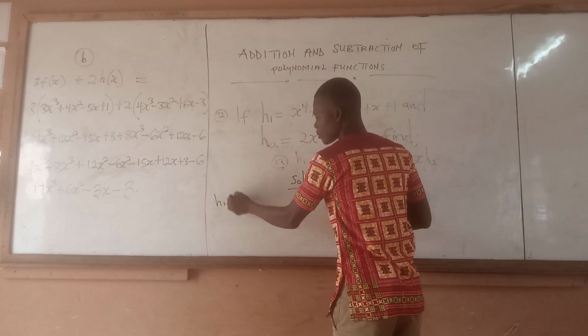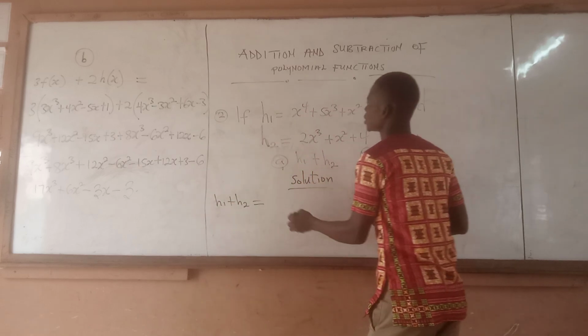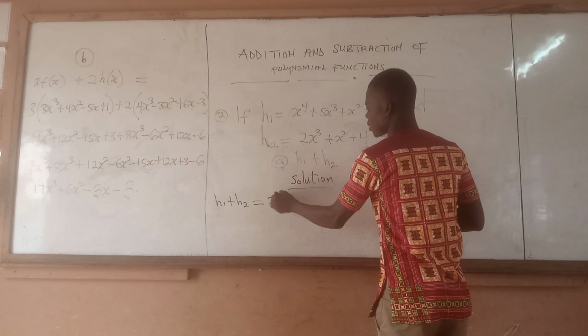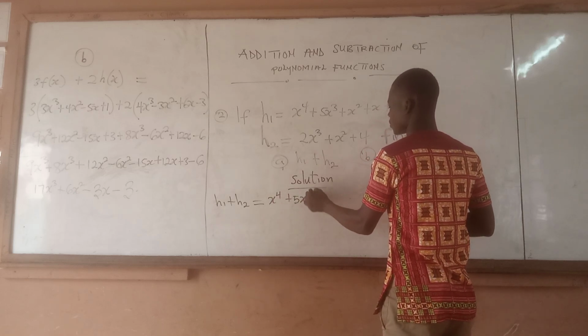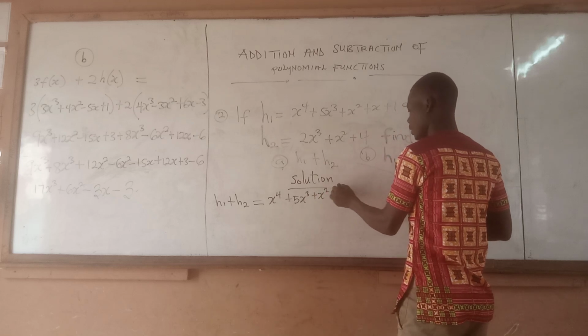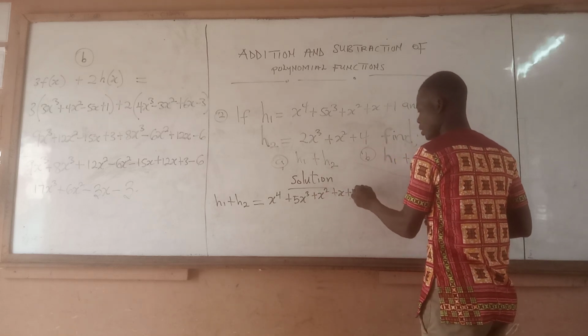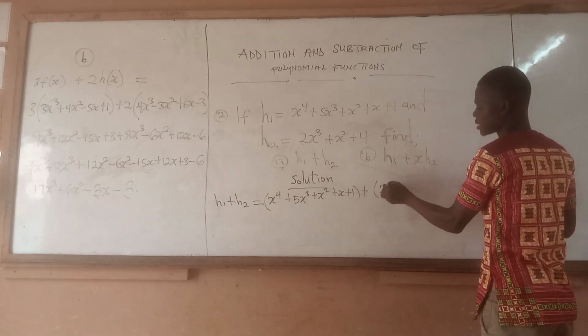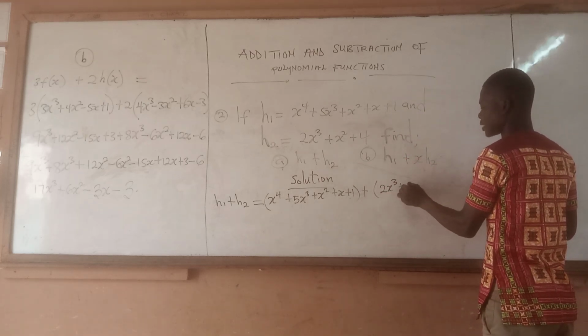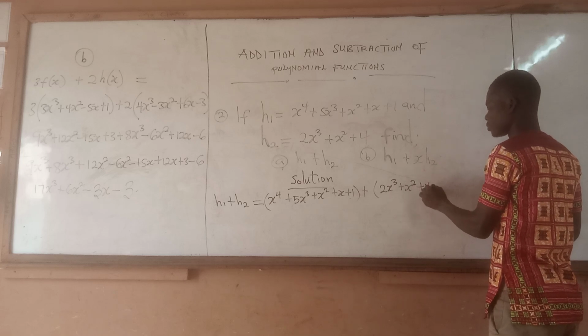h1 plus h2 is equal to h1, which is s power 4 plus 5s cubed plus s squared plus s plus 1, plus h2, which is 2s cubed plus s squared plus 4.